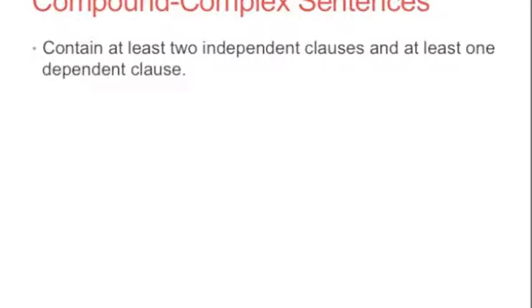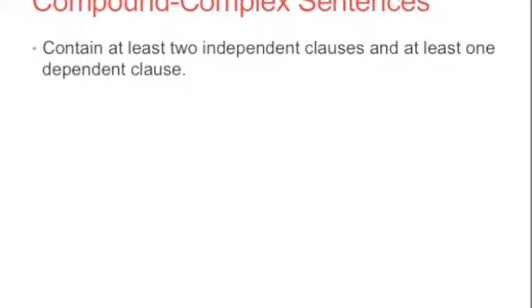Recall that it's the combination of at least two independent clauses using one of the fanboys: for, and, nor, but, or, yet, so. And you know what a complex sentence is. That's the combination of at least one dependent clause and only one independent clause. So we're basically joining those two types of sentences to form a compound complex sentence.